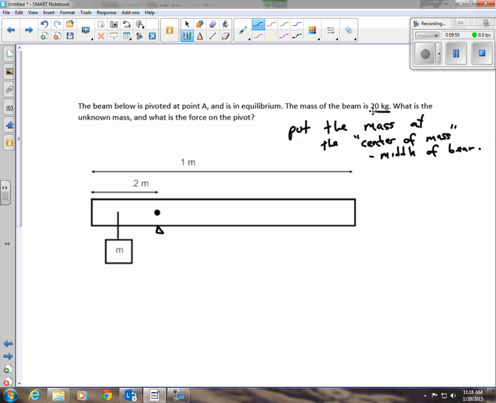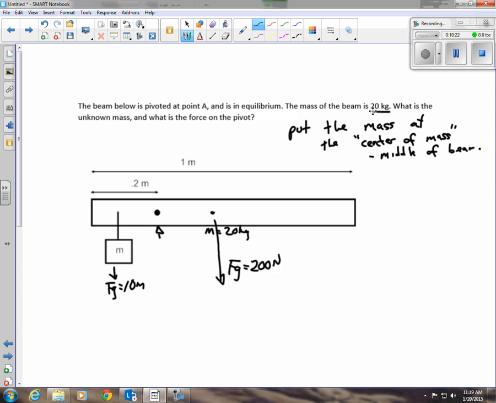So right here in the very center of the beam, I'm going to put a mass of 20 kilograms. That's going to give me a force there of 200 newtons. Now I can see why it balances. I have a force on this side of my pivot and a force on the right side of my pivot. Now, the force of gravity here, again, is going to be 10 M.